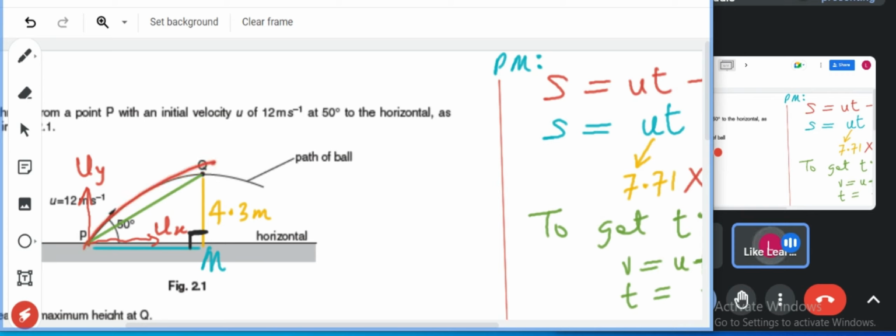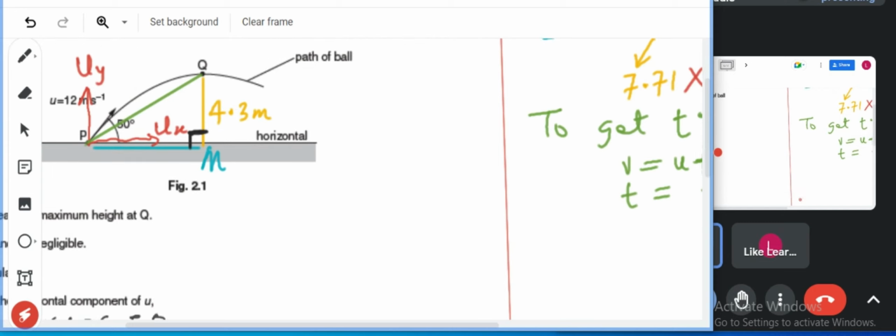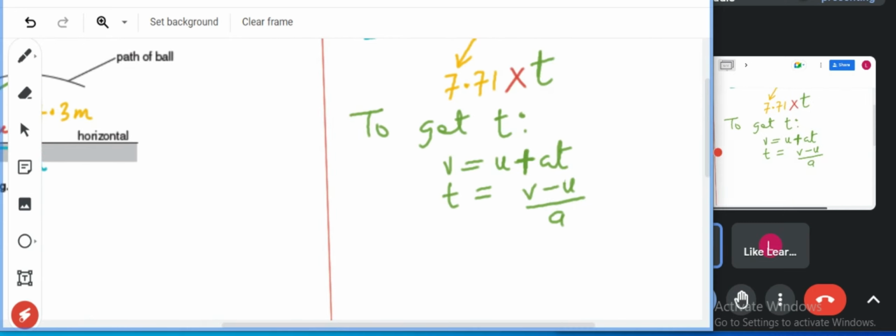What's the initial velocity U? What's the final velocity V? For the rise part, what's the initial velocity? The final velocity is 0 now, isn't it?